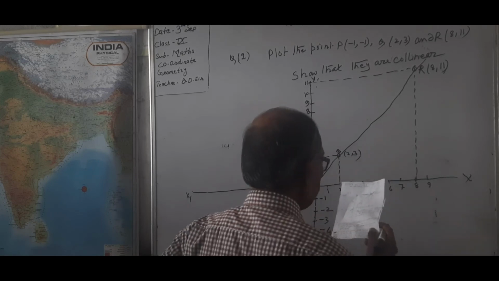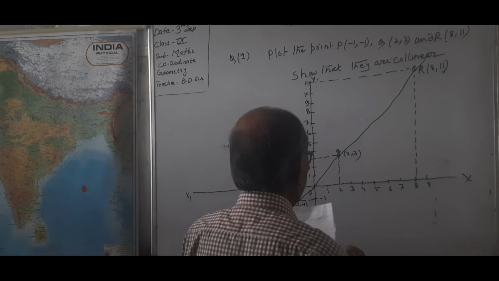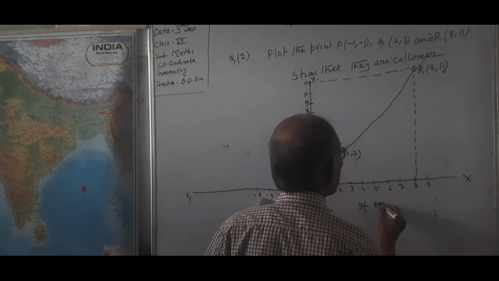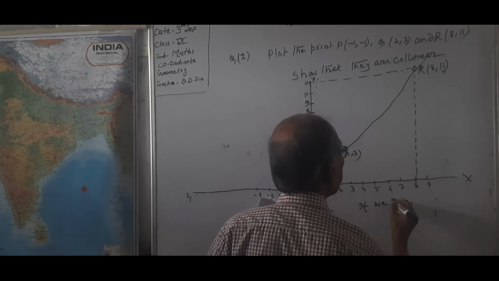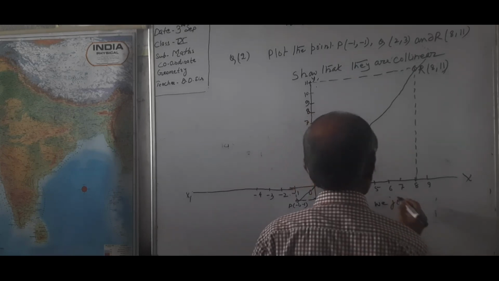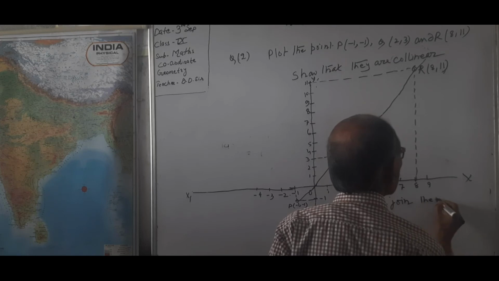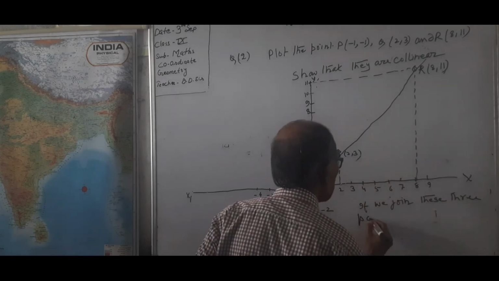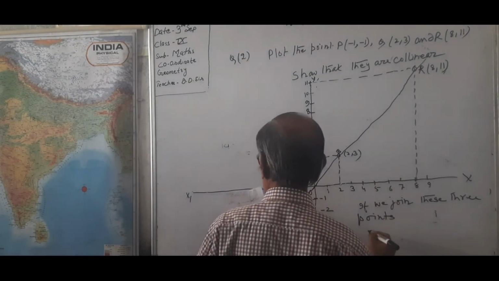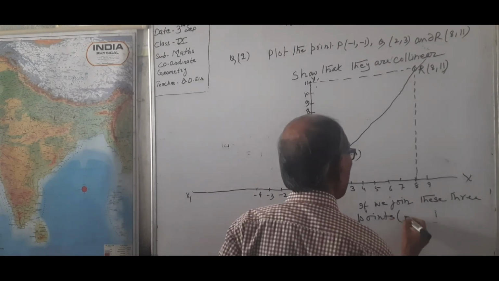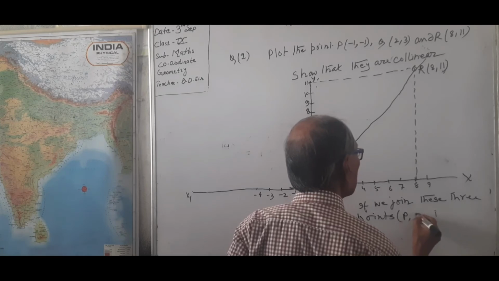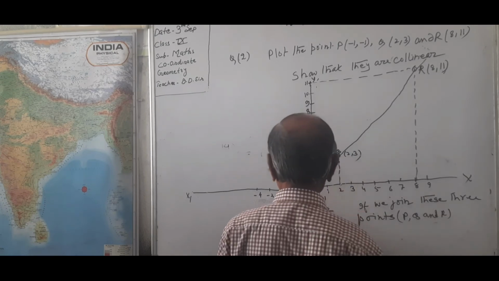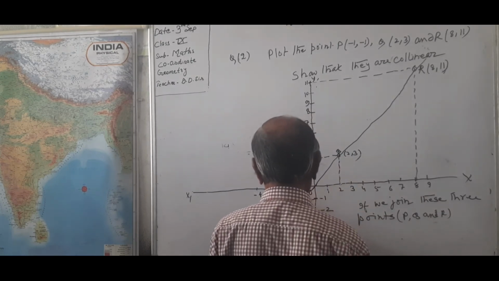So now we have to write what? If we join these 3 points, P, Q and R, they will lie on the same line.